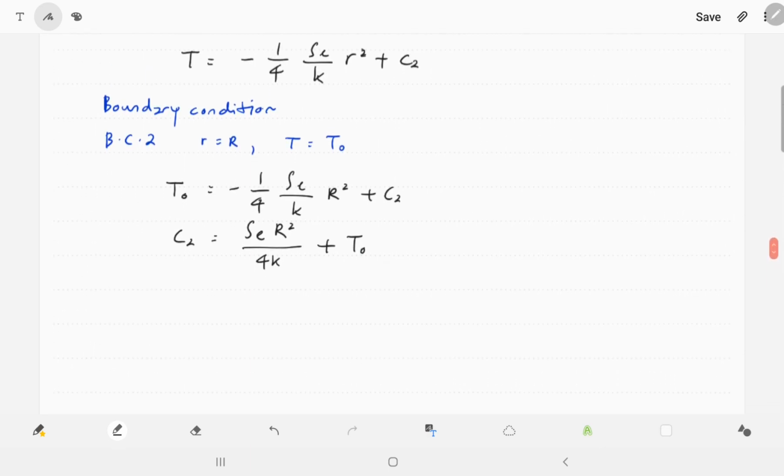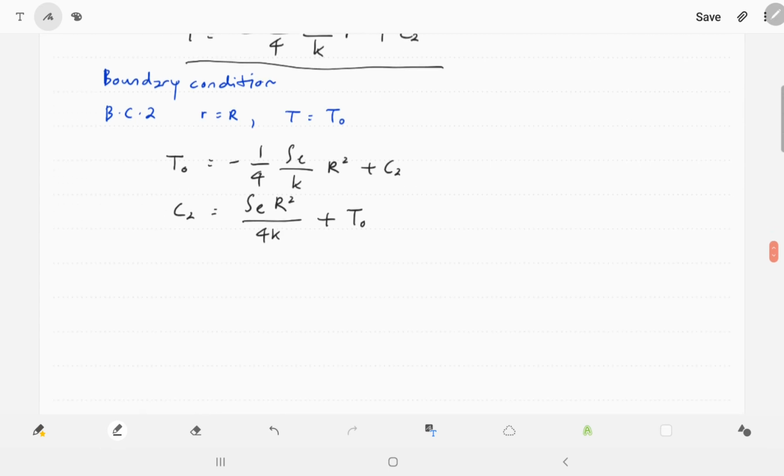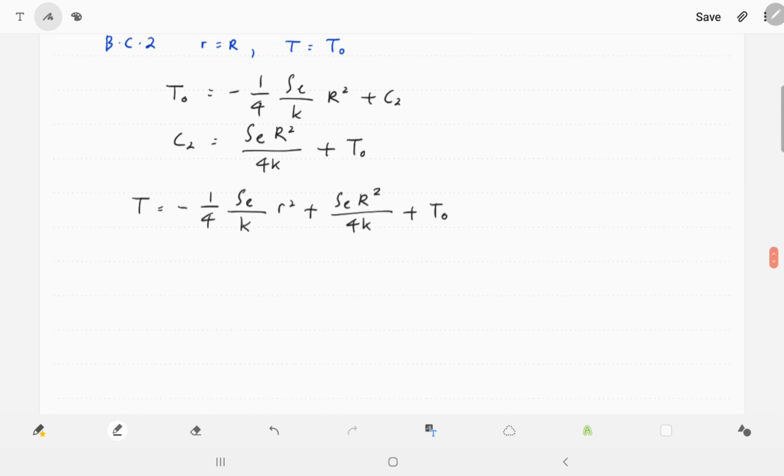Then you can substitute your C2 into these equations in here. If we do so, we will get T equal to minus 1 divided by 4 S_e divided by k r squared plus S_e R squared divided by 4k plus T0.